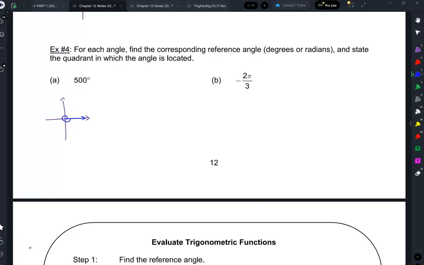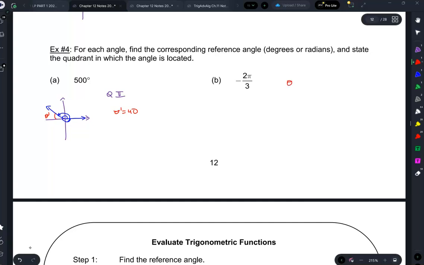We go 360, and now I need to go 140 more. Right there. So that's 500 degrees, and we know that's in quadrant 2. Now, what about the reference angle? Well, remember I went 140 that way? So this is just the remaining 40.